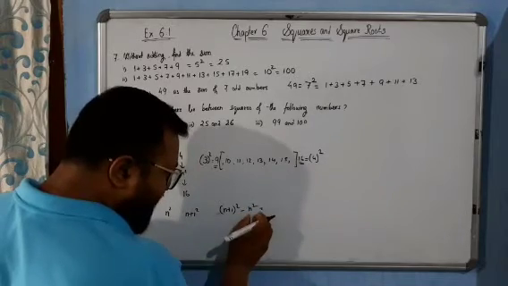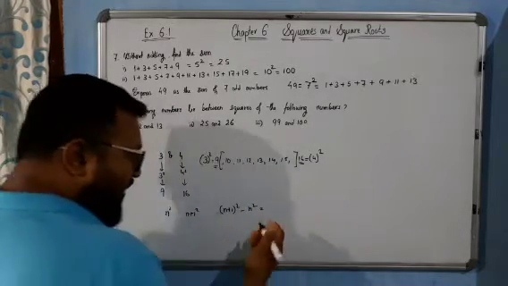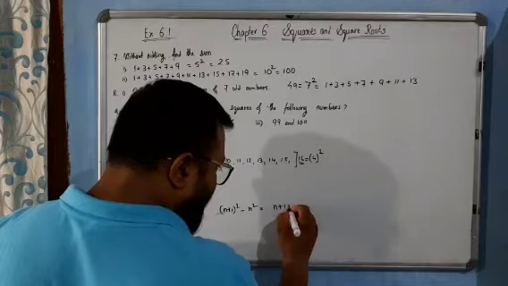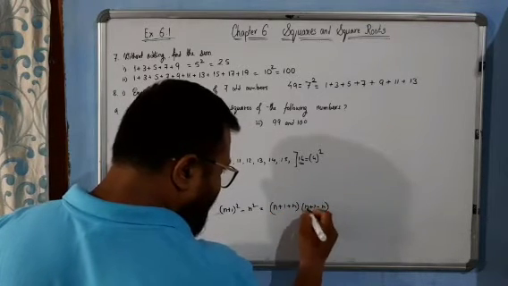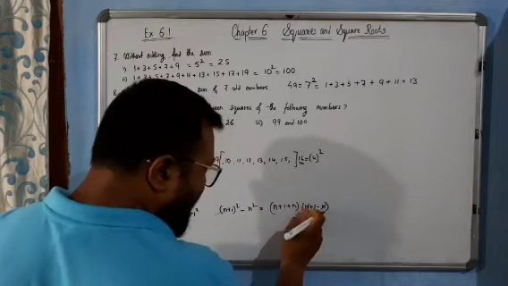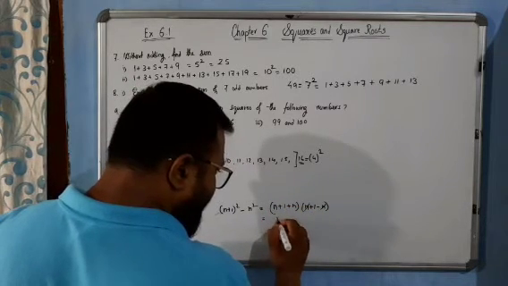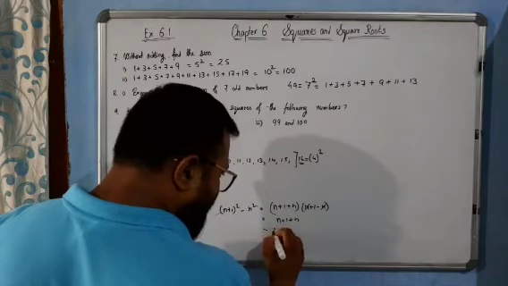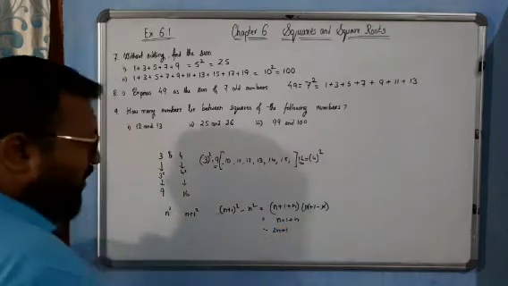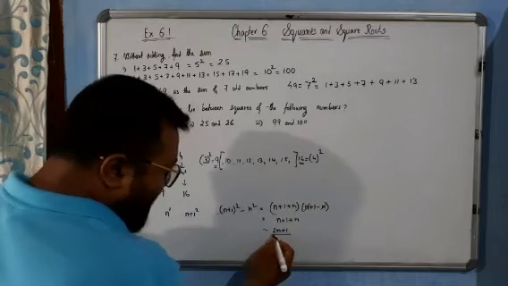It is a square minus b square, which means a plus b, a minus b. Here n cancels and 1 into this remains. So n plus 1 plus n is twice n plus 1. So twice n plus 1 is the difference.